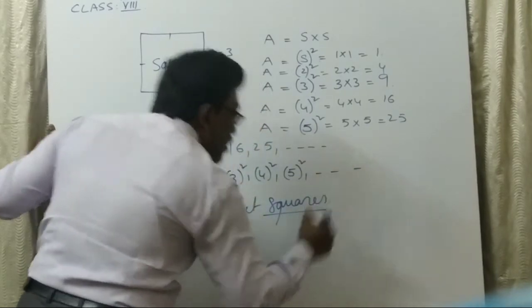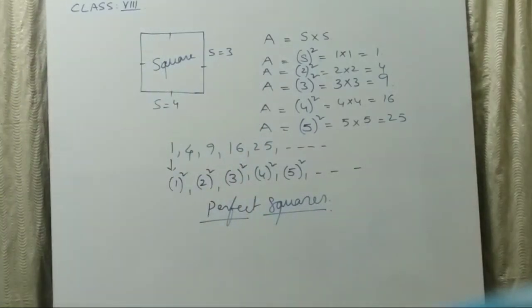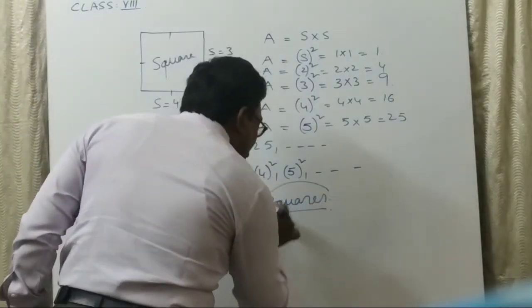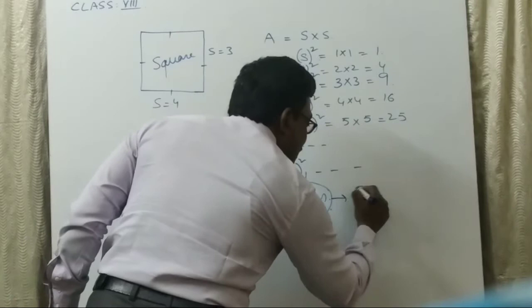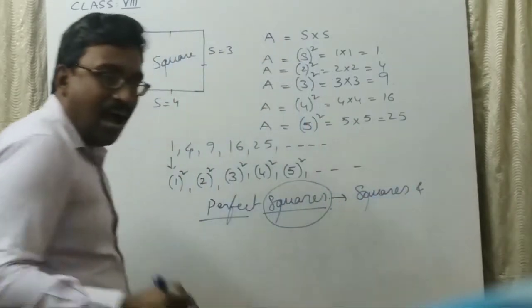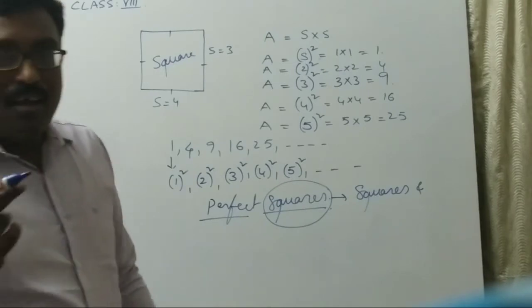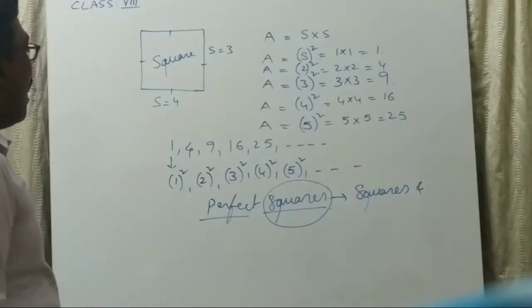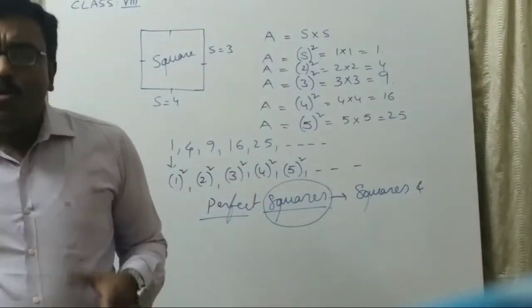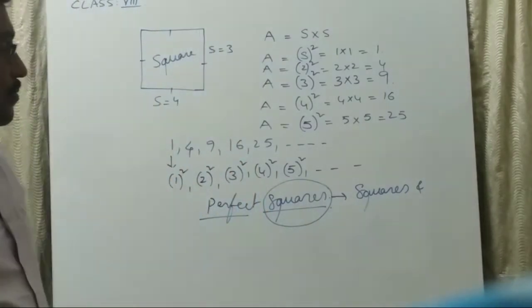These are perfect squares. So today our chapter is that only: squares. Now, what is meant by a perfect square?